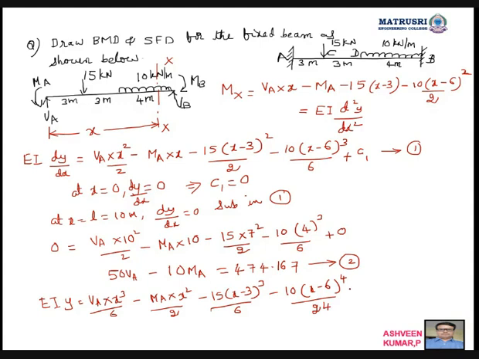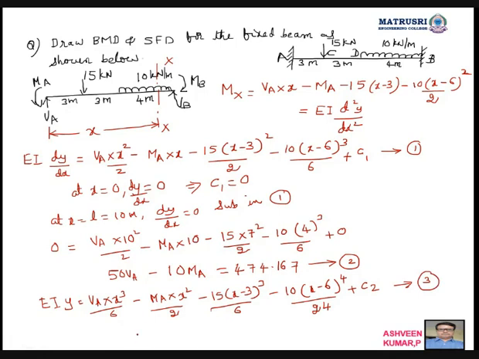C1 is 0, so I will not take that one. Plus C2, am I right? This I'll take as equation number 3.